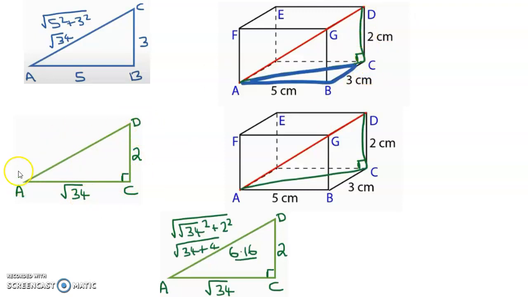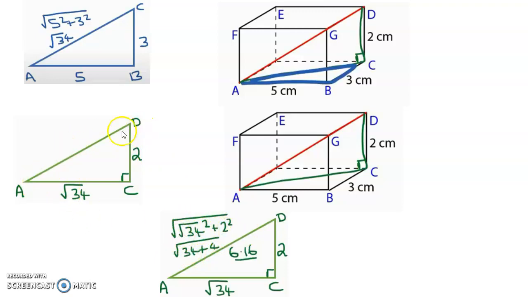So we calculate AD. AD is the hypotenuse of this right triangle. So AD square will be equal to AC square plus CD square. That means it will be the root of 34 squared plus 2 squared.